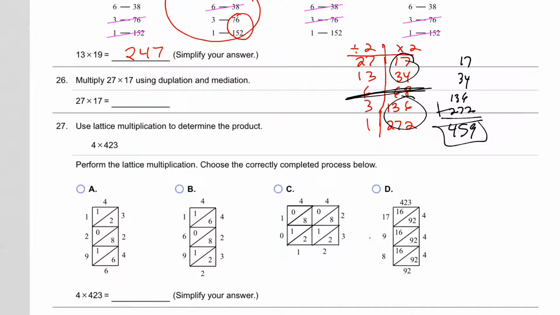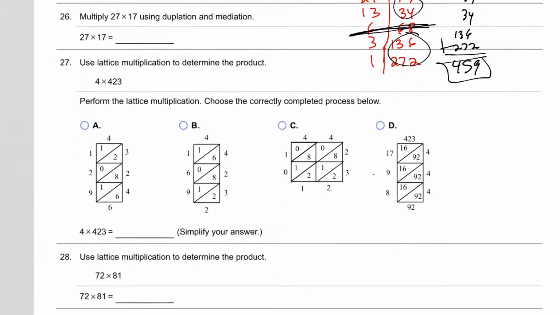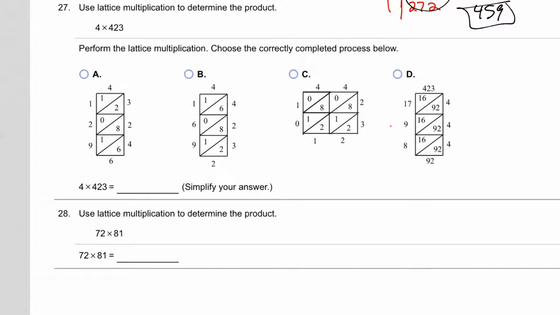Now, our next method would be the lattice multiplication, and that's what these grids or lattice boxes are. So 4 times 423. Now, it is better to put the 423 on top and the 4 on the right.